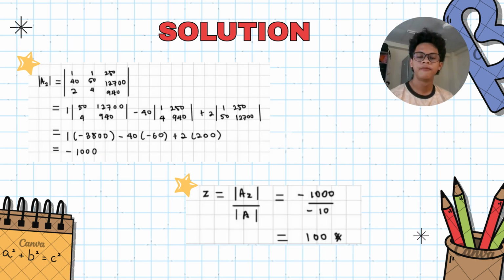Lastly, we will find the determinant of AZ by changing the last column with the constants, which we will get the answer equal to -1000. Then we use Cramer's rule, which is determinant of AZ divided by determinant of A, and we will get the answer equals 100.